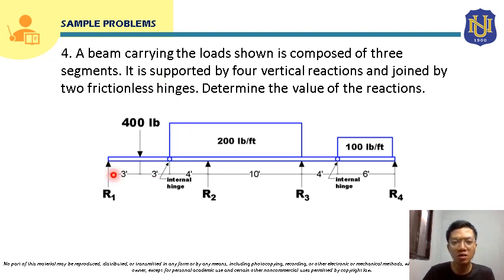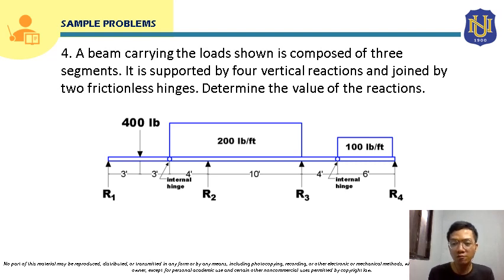So we have here a beam, and this beam is composed of 3 segments. This is the first segment, this is the second segment, and this is the third segment. These segments are joined by 2 frictionless hinges. So these are the frictionless hinges, these are internal hinges. For an internal hinge, it will be the same as a normal hinge.